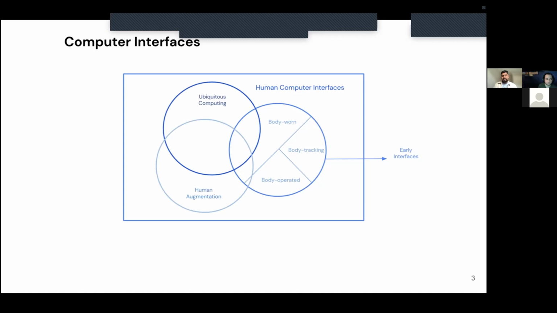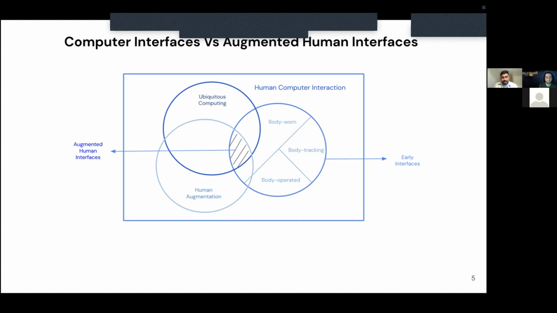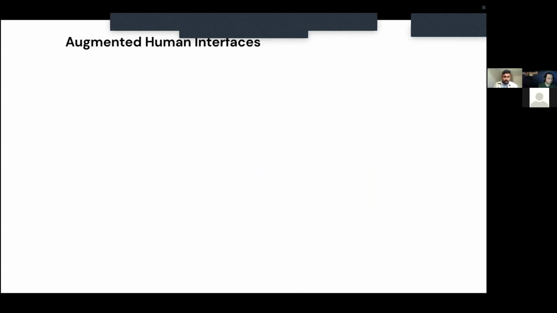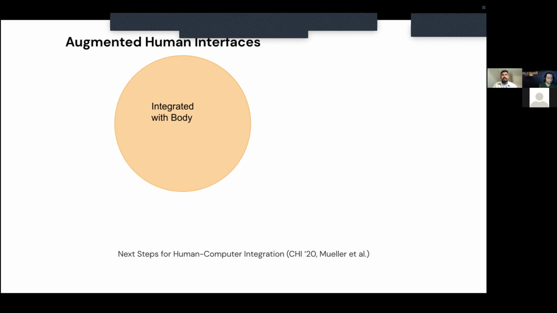However, after 2000, with the advancement of ubiquitous computing and human augmentation, these body-worn interfaces slowly converted into augmented human interfaces. These augmented human interfaces have some qualities. First of all, they are integrated with our body.